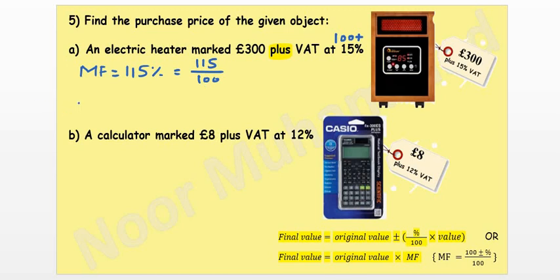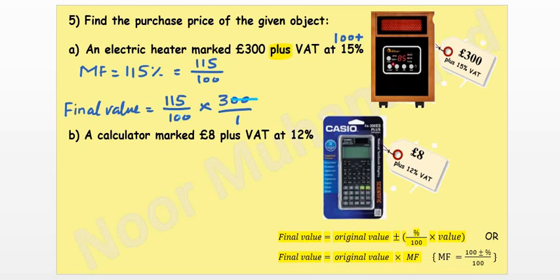Now use this multiplying factor to find the purchase price, or you can say the final value. So we will say final price or final value equals what? We will take this multiplying factor and multiply it with the price. So what was the price? It was 300, and now we can cancel the two zeros with the two zeros.